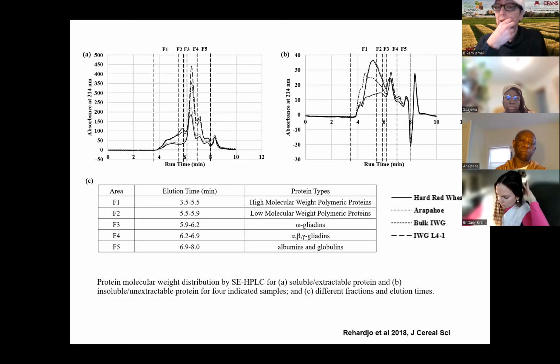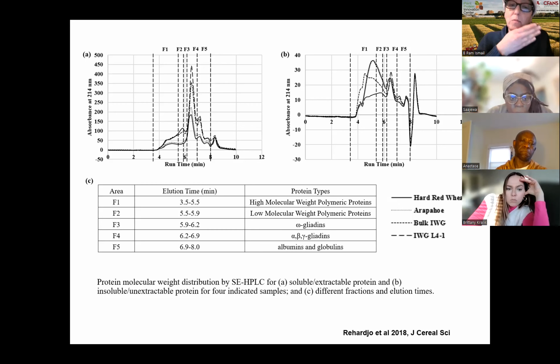So in intermediate wheatgrass, we have lower amount of high molecular weight polymeric protein, which are important for viscoelastic properties. So we are able to fractionate and look at the distribution of high molecular weight polymeric protein, gliadins, albumins, and globulins, and look at differences between these two grains to determine the impact on the viscoelastic properties.